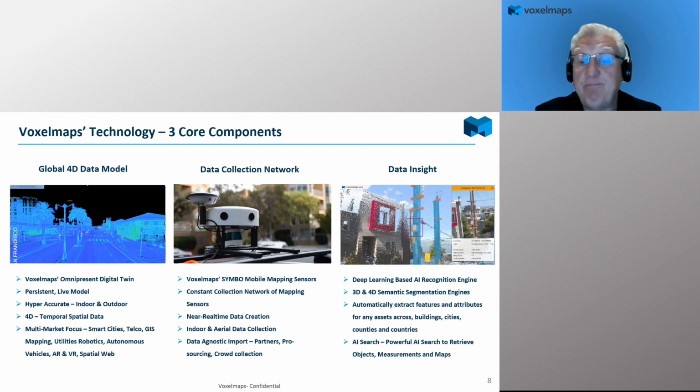And then we have this powerful AI search to retrieve the objects and perform automatic measurements, and then vectorize that and provide it for consumption, whether in our product or in a wide variety of other products, like ESRI's GIS or Autodesk or Bentley. So really agnostic in that approach.